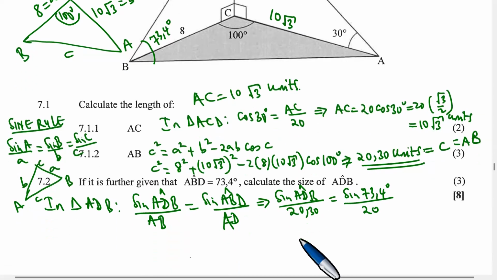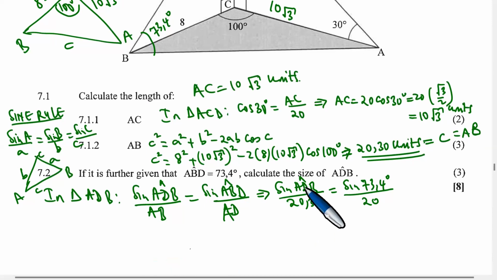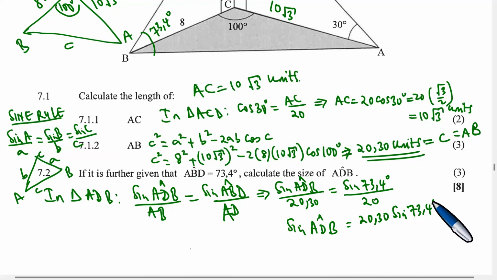Now we want to solve for ADB, because they're asking us to find the size of ADB. We cross multiply. When I cross multiply, this one goes there and it becomes 20,30 times the sine of 73,4 degrees divided by 20.